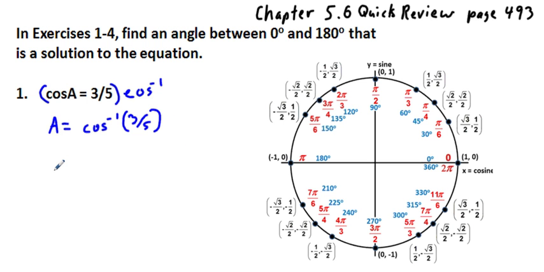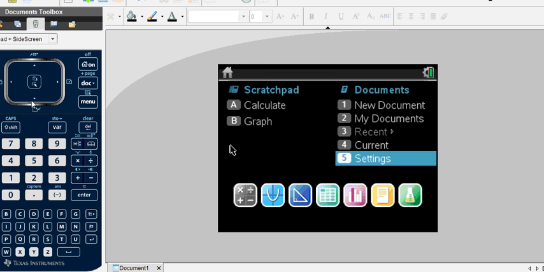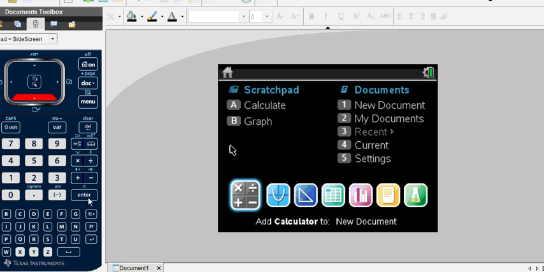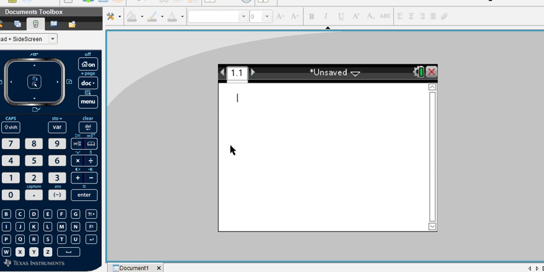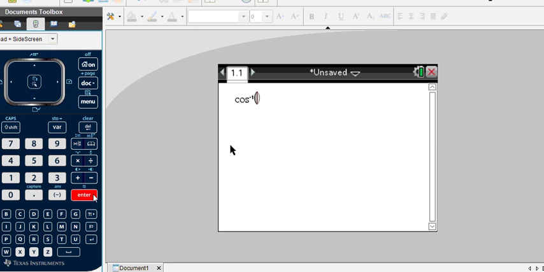And so we're going to go to our calculator. We have to make sure, first of all, that it is set in degrees, and this one is. So we can escape and go out to get a calculator page. And we're going to go to inverse cosine, so cosine -1, and have 3/5, so 3 divided by 5.